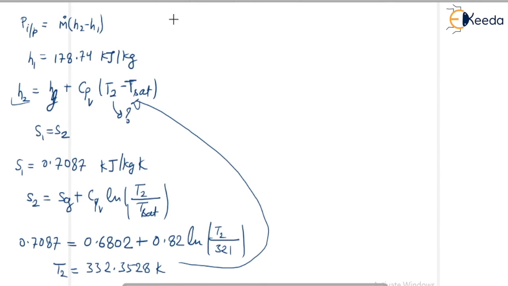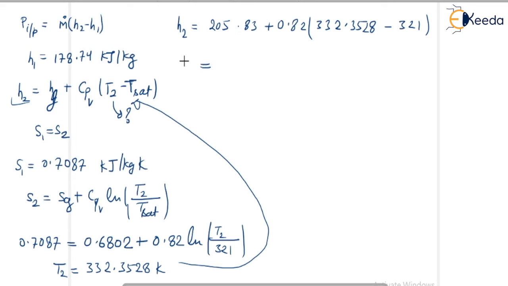So H2 is equal to 205.83 plus 0.82 in bracket 332.35 minus 321, that means 273 plus 48 degrees Celsius, that means 321.